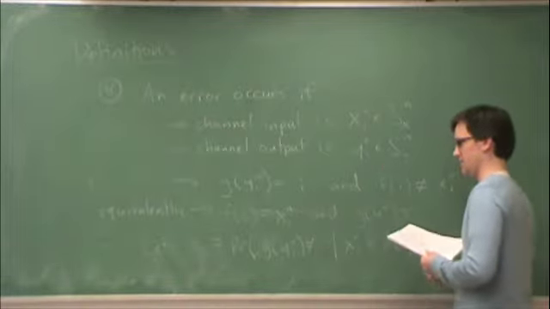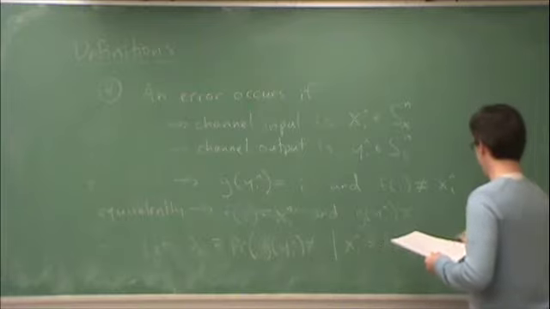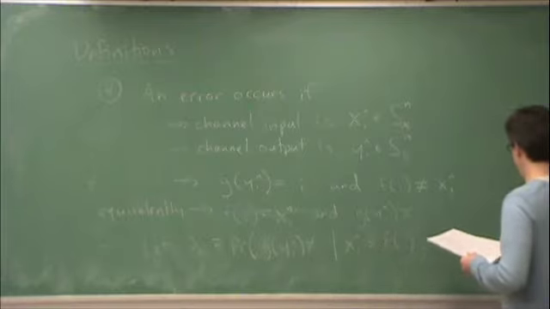So this is the probability of error. Let lambda I be the probability of error.